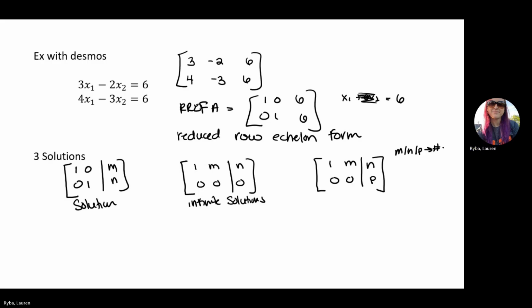When I read this last row, this is saying if I plug in 0 for x and 0 for y, I somehow magically get some answer, such as like 5. Is it possible to make 0 plus 0 equal 5? No. So when I look at this, this is saying 0 equals p, but p is an actual number, not 0. So this can't happen. This is a false statement, so we have no solution.